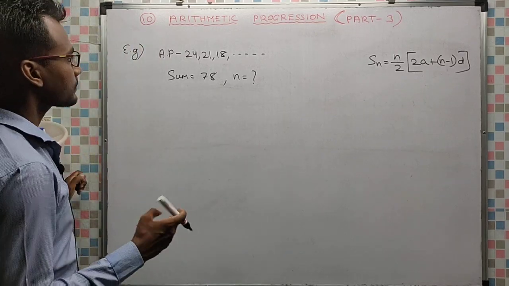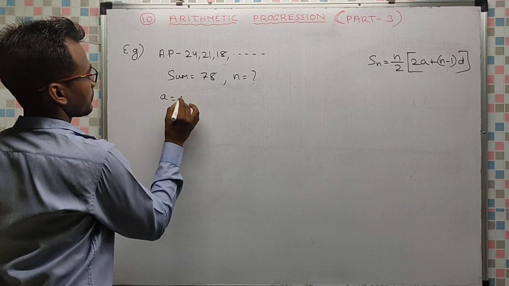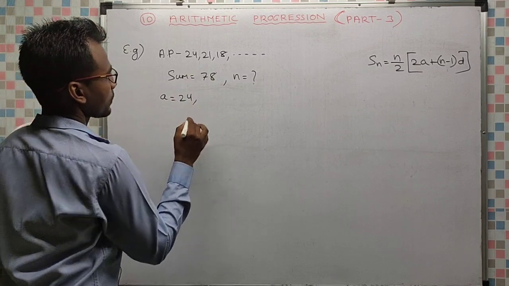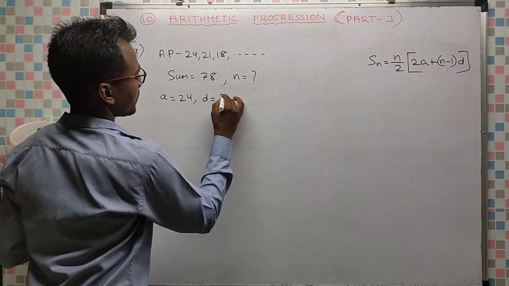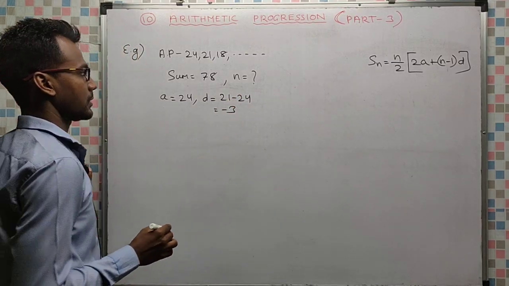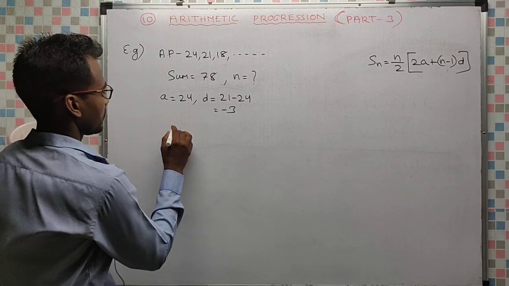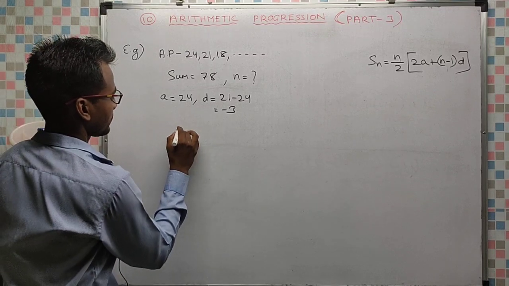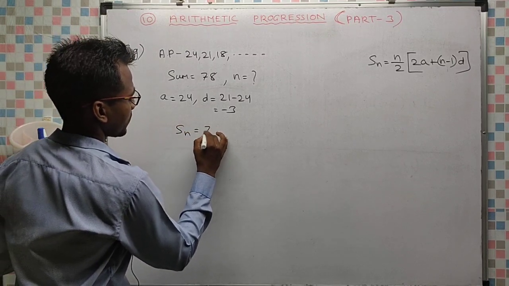Let us find a first. What is a? The first term, which is 24. What is d? Right minus left, so minus 3. The sum is given, so Sn is equal to 78.